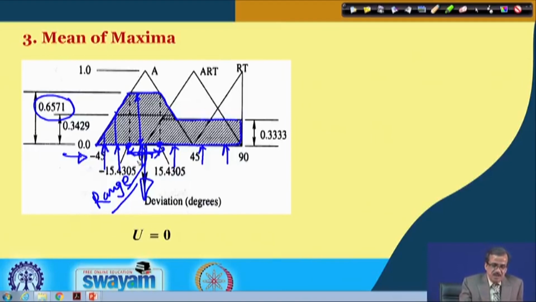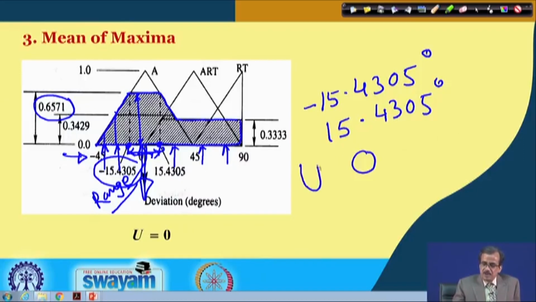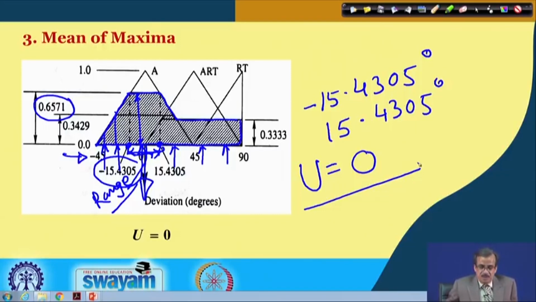For example, say here one value of the range is minus 15.4305 degrees, and the maximum value of the range is 15.4305 degrees, and its mid value is nothing but 0. So, the crisp value is nothing but 0. Using the mean of maxima, I will get the crisp value, and that is equal to 0.